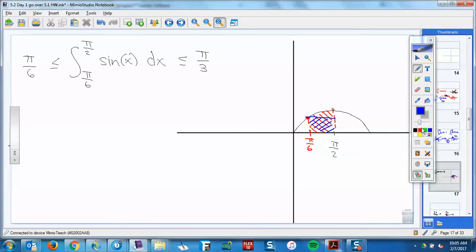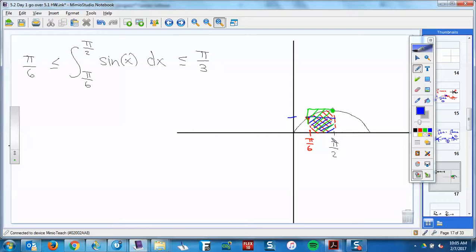And then let's find the maximum, which is here. And let's pretend the curve was there the whole time. Because that would give us rectangles, right? We know the area has to be somewhere between them. Okay? So the littlest area would be the blue. So let's calculate that rectangle. So what would be the height of that blue rectangle?